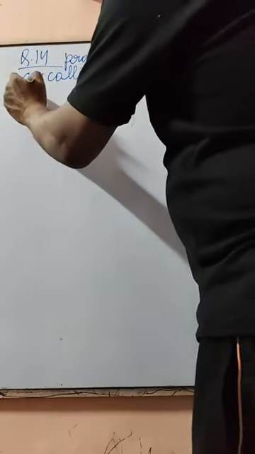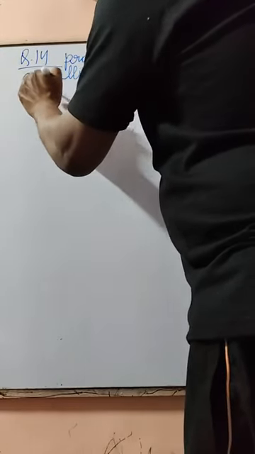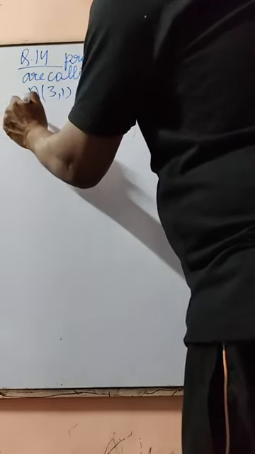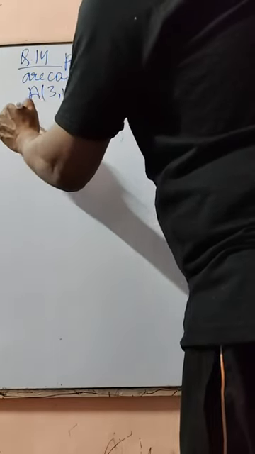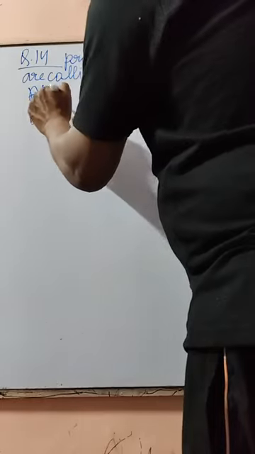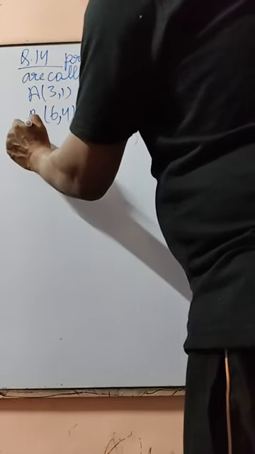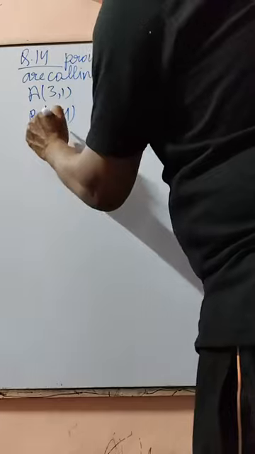What is the coordinate of A? 3, 1. B is 6, 4. And C is 8, 6.